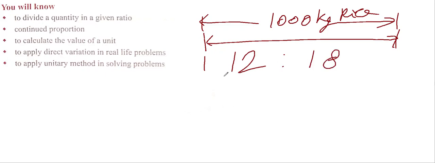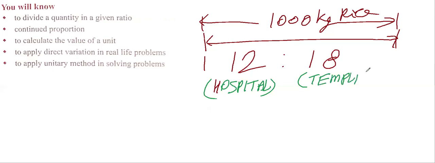This 12 you are going to give to the hospital, to the patients, and this 18 you are going to donate to the temple. Now how much will you give to the hospital and how much to the temple?